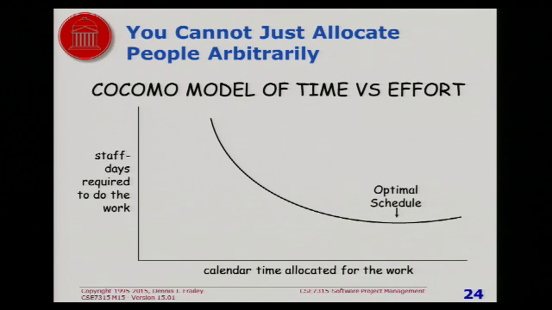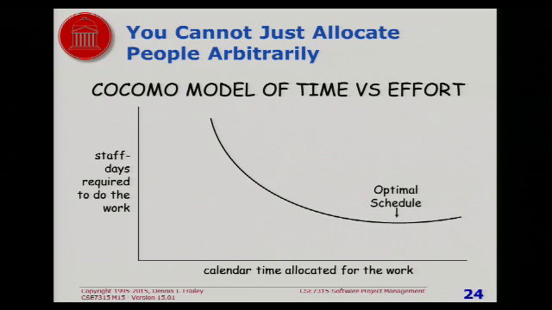Now, the reason why this is an important thing to point out is because many times you will discover a formula or a model or a tool that claims to be able to predict cost or predict effort or predict size or whatever. And it's important to realize that that model was developed based on looking at data.